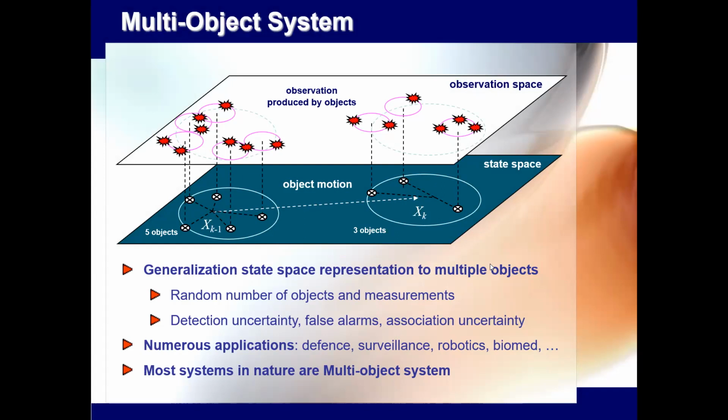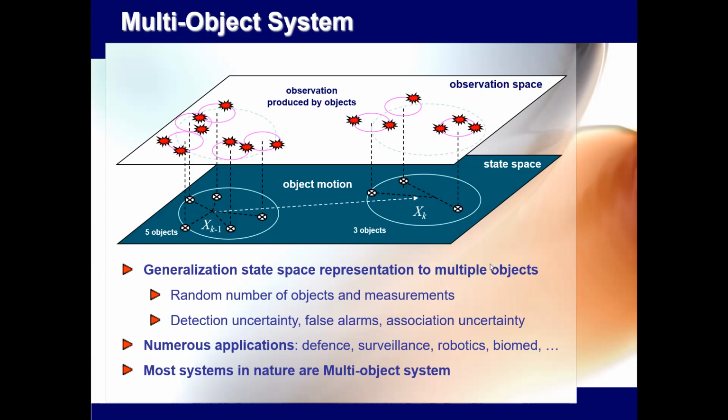You are not only getting one data point, you are getting many data points, and you don't know how many data you will get every single time step. And it could be considered as data loss or false alarm. Right? So this diagram tries to accommodate all the uncertainties like false alarms, data loss, and the number of data. And of course, we want to extend it further to multiple objects.